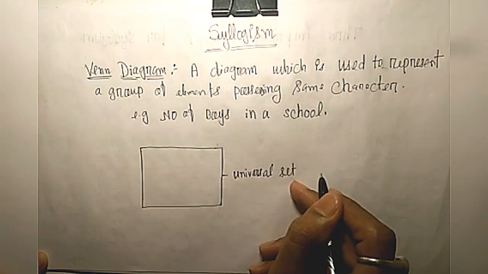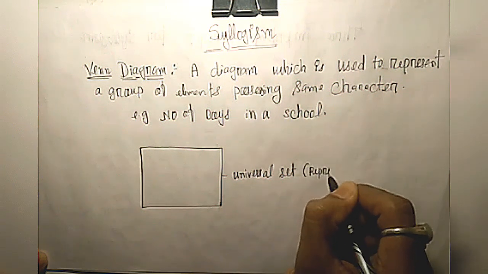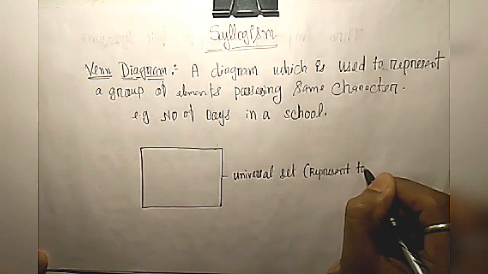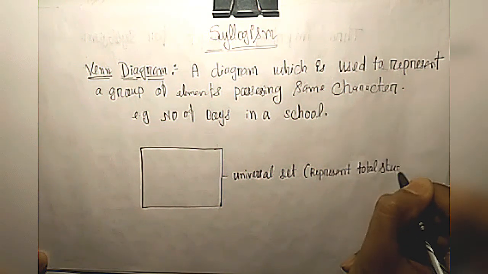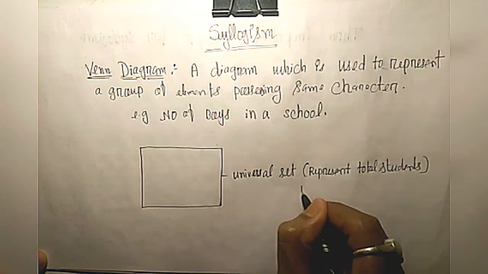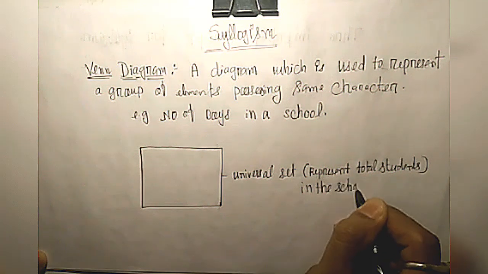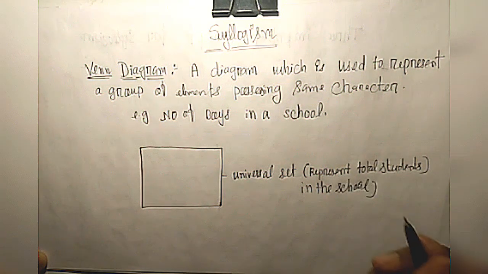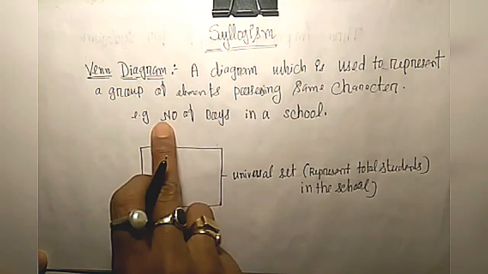In this case, the universal set represents the total number of boys and girls in the school, that means total students in the school. So the universal set is represented by the rectangle.